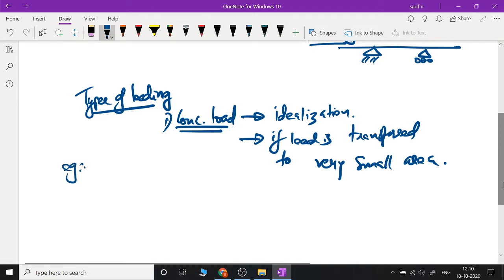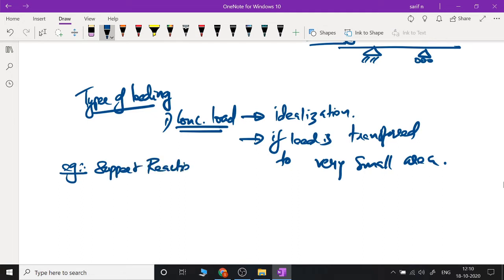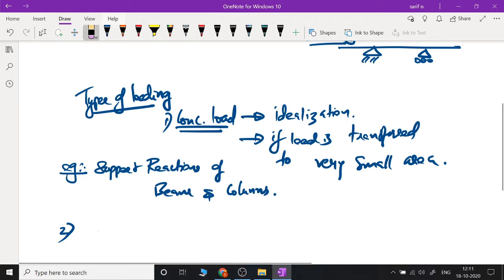Examples of concentrated load are the support reactions of beams and columns. Support reactions of beams and columns are examples of concentrated loads. Next, another type of loading that we will be considering is uniformly distributed loading.